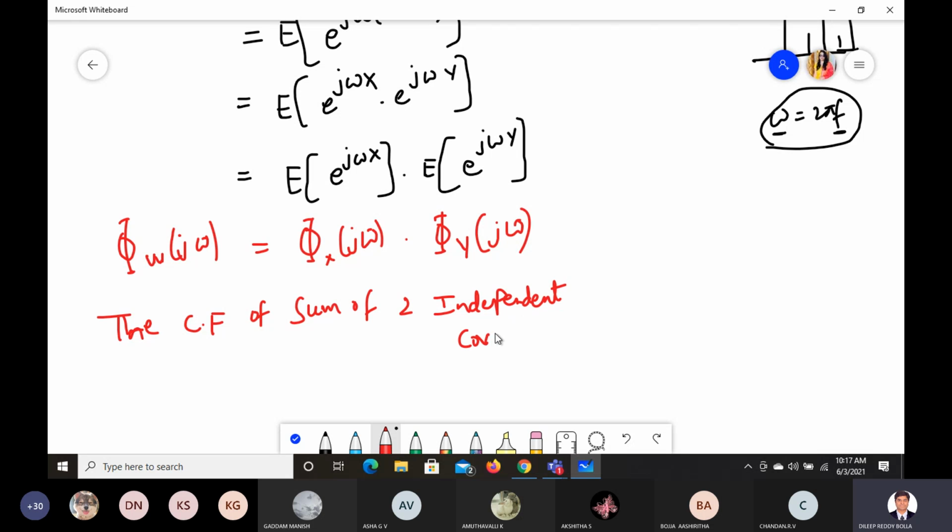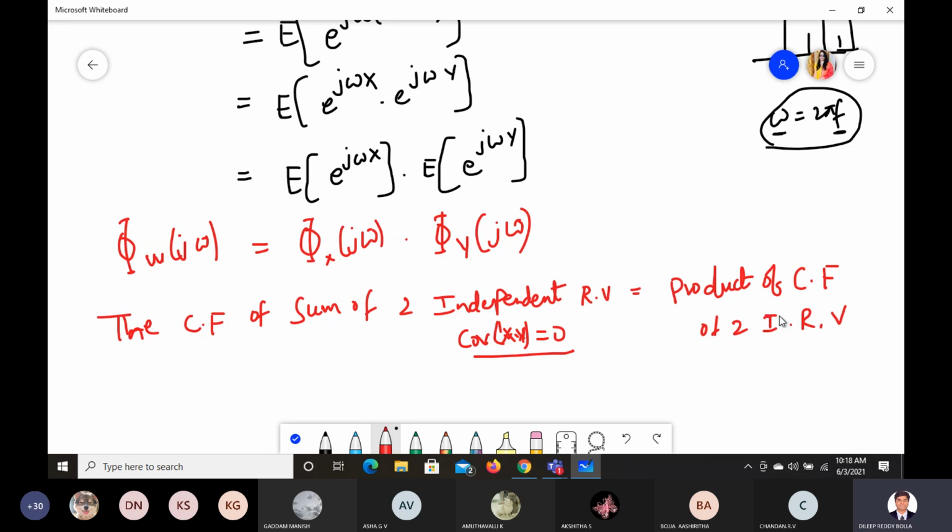When the covariance of x and y equals 0, then they are said to be independent. The characteristic function of the sum of two independent random variables is equal to the product of the characteristic functions of the two independent random variables.